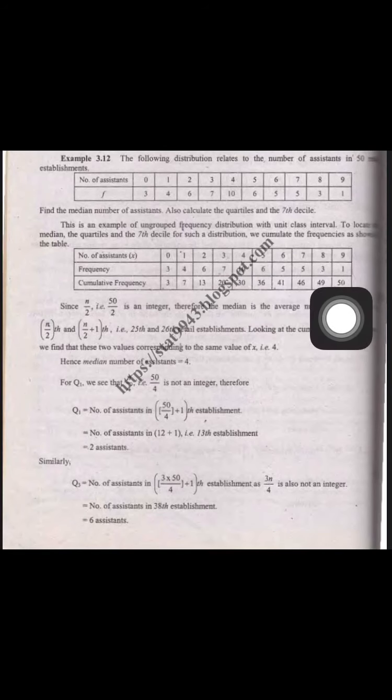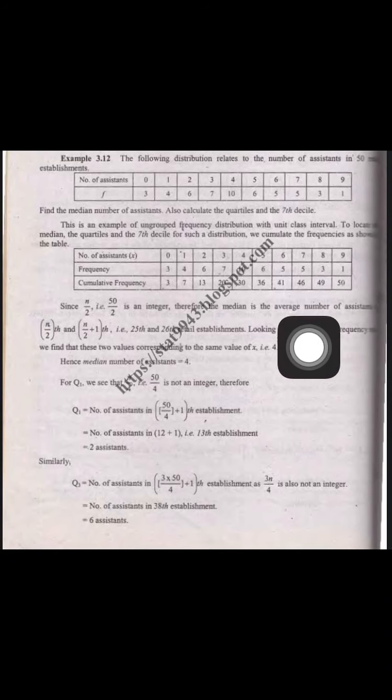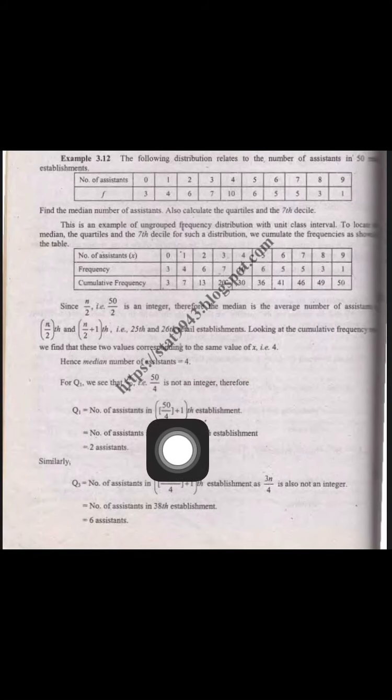Now 50 is the value of n. So n over 4, that is 50 over 4, is not an integer, so I am using the formula 50 plus 1 over 4. So 51 over 4 is 12 plus 1, which is the 13th value.